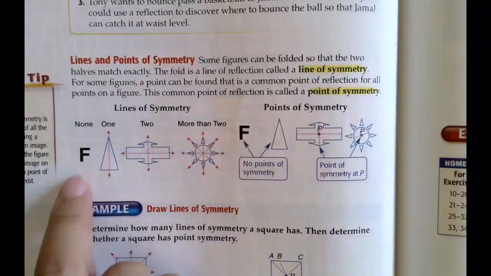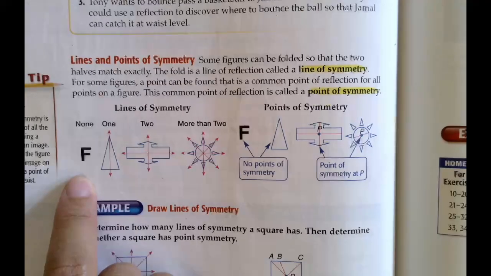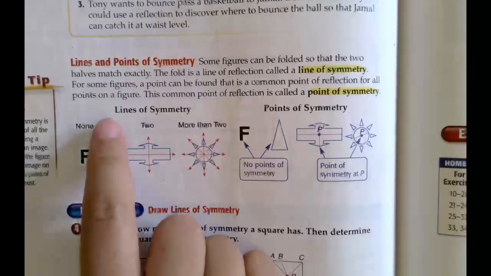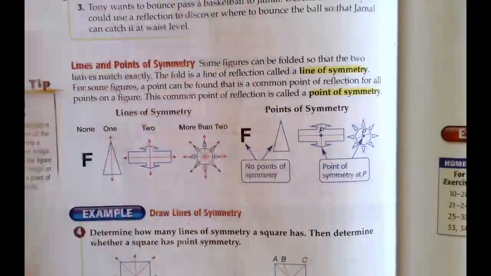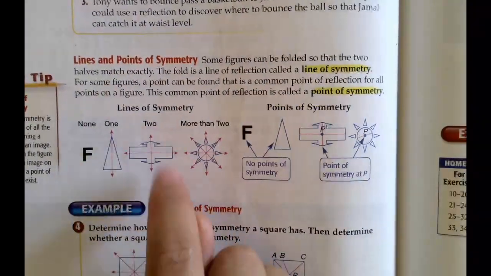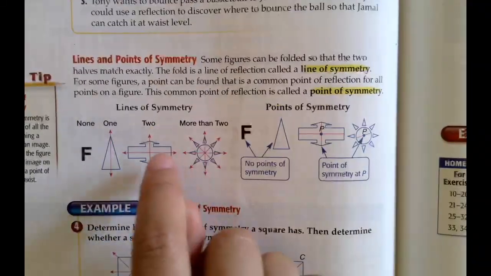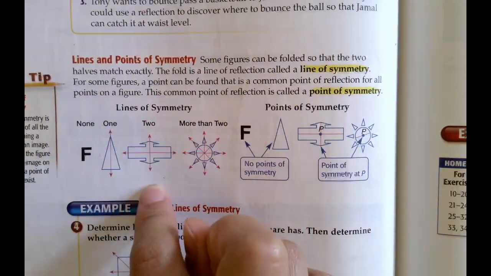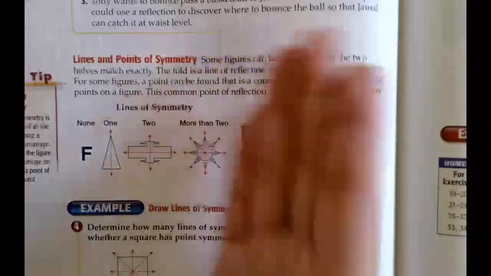So here, for example, the letter F doesn't have any. There's no way to fold the letter F so that both sides would match. For this triangle, there's one line of symmetry. We can fold it like this, and it would work. For this arrow, weird looking cross thing, we can fold it here, and then top and bottom would match, or we can reflect it like this, and then they would match.